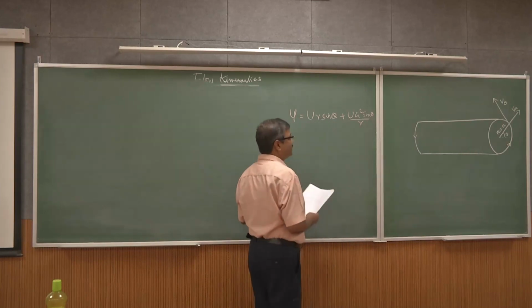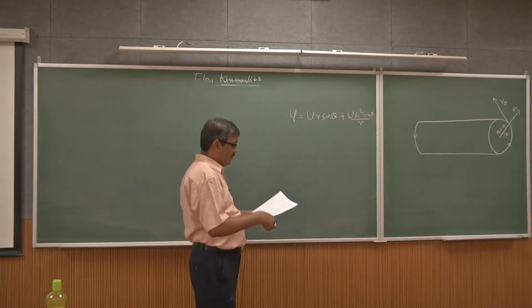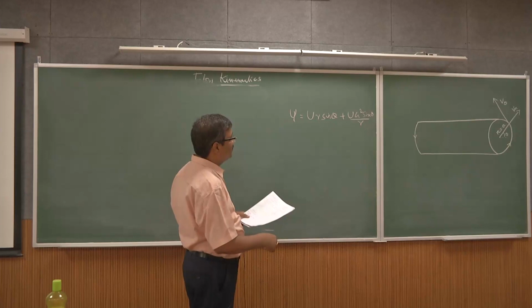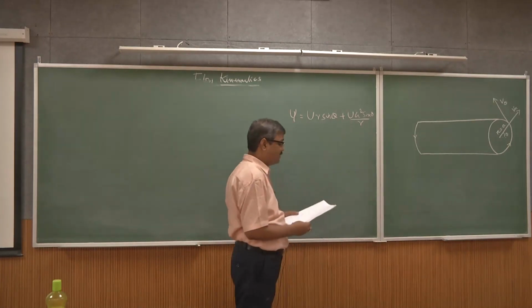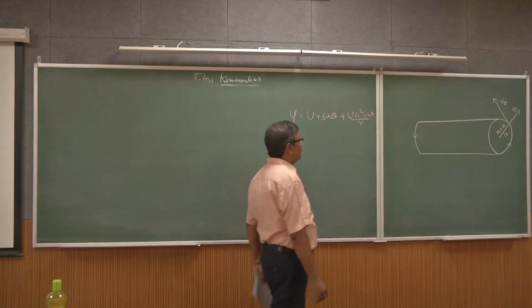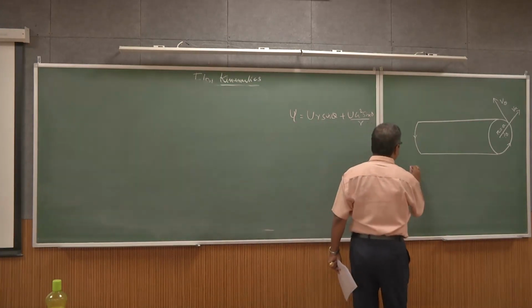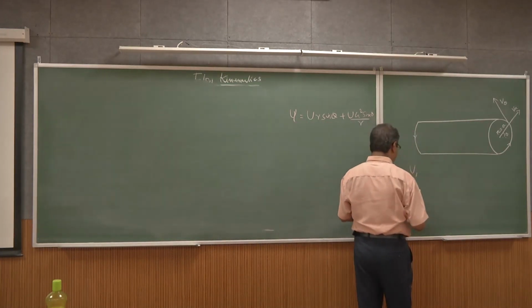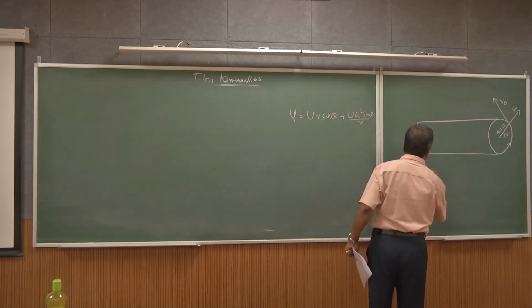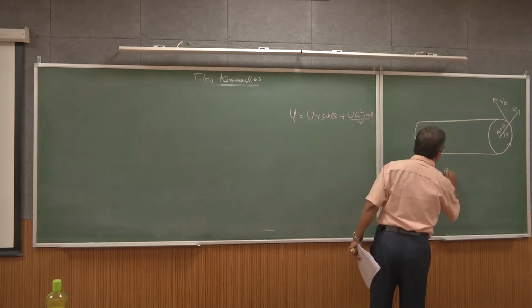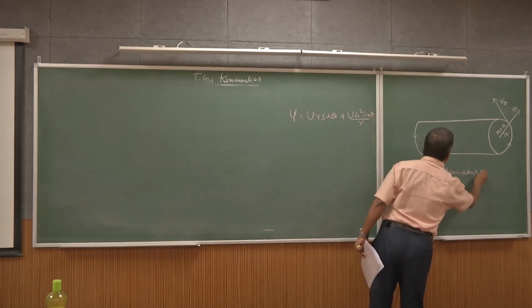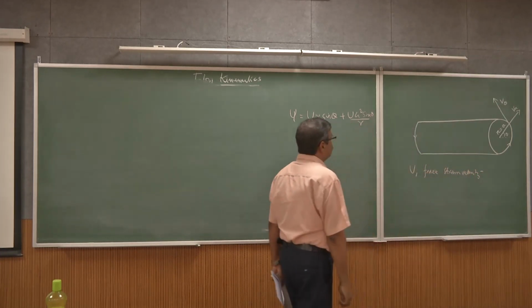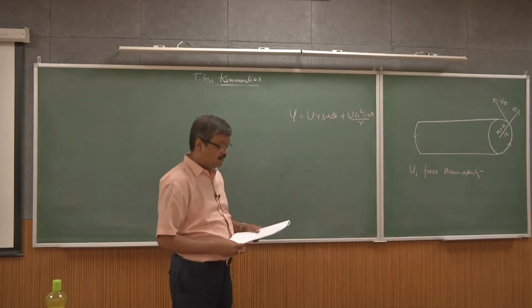Here r is the radius as a variable, and the radius of the cylinder is a. U represents the free stream velocity. So we need to compute it.